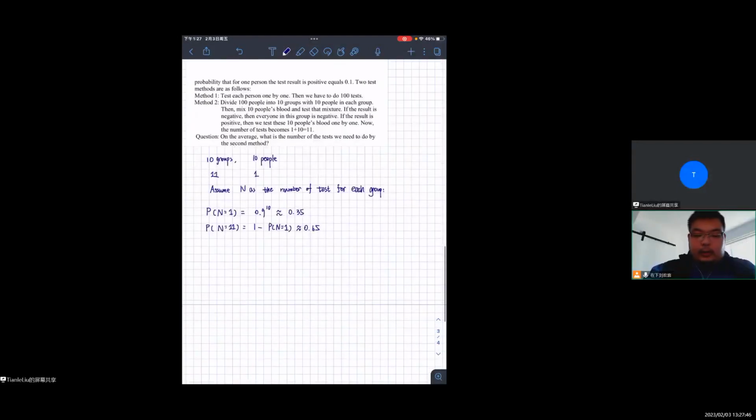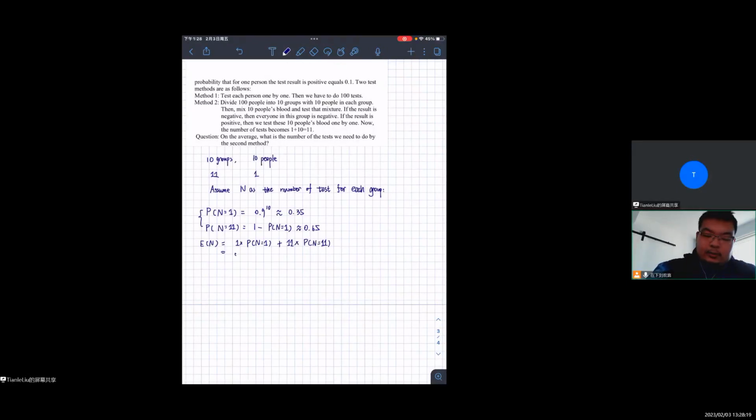Now we have two probabilities, and we can calculate the expected number of tests for the whole group. That is 1 multiplied by the probability of 1 test, plus 11 multiplied by the probability of 11 tests.